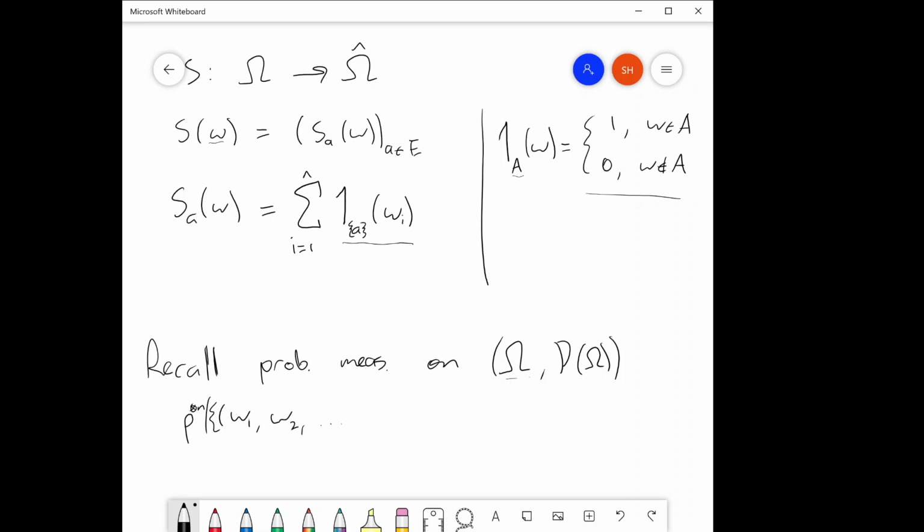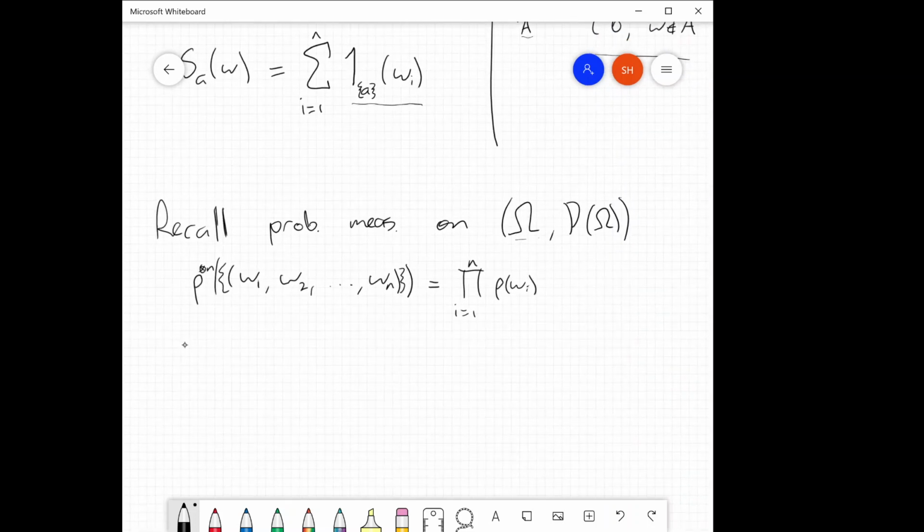It gives you the product of ρ(ω_i), i equals 1 to n, where ρ(ω_i) is the number of balls of color ω_i divided by the total number of balls.